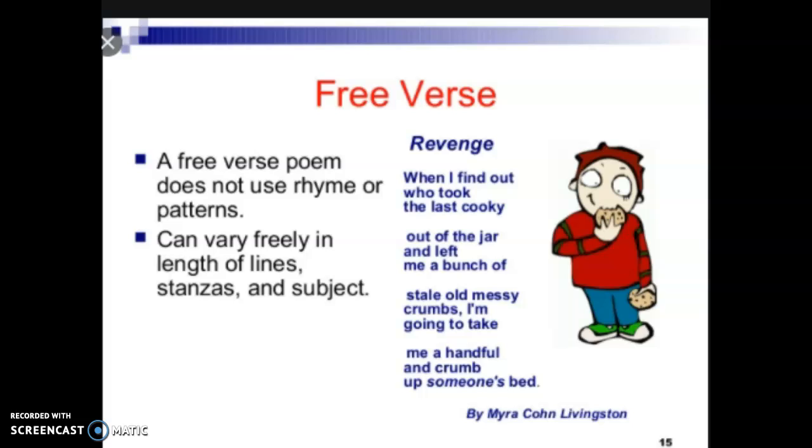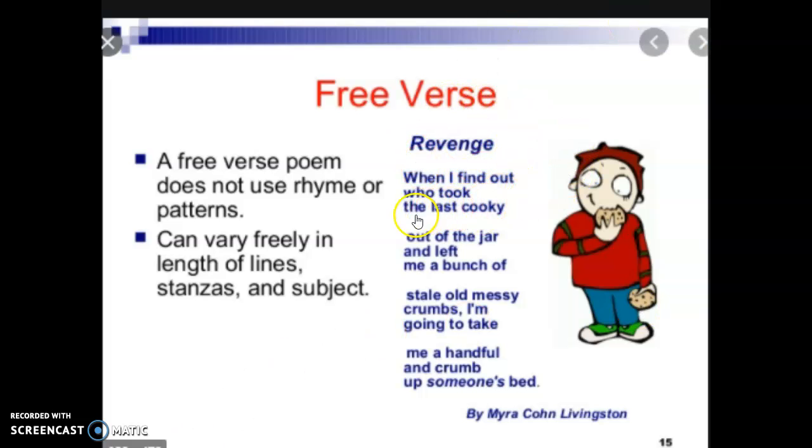Next is a free verse poem. A free verse poem does not use rhyme or patterns. It's just free, just like what's in the name, right? And it can vary freely in the length of lines, the number of stanzas, and the subject. There are no restrictions on free verse poems, okay? And this is an example of one called Revenge.